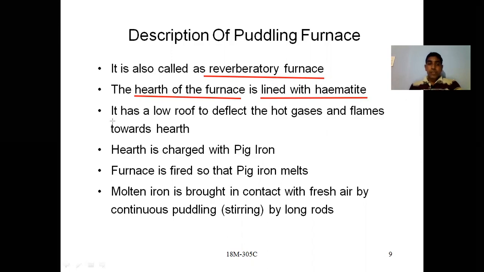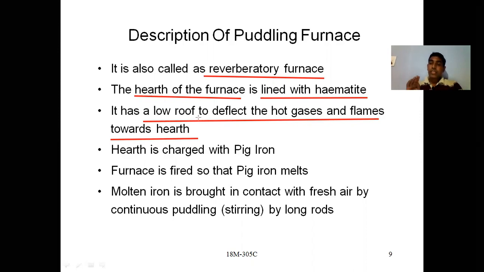If you observe your diagram of a puddling furnace and see the roof, it has a low roof to deflect hot gases and flames towards the hearth. I am repeating, the roof of the puddling furnace is a dome-like structure, and it is a low roof.